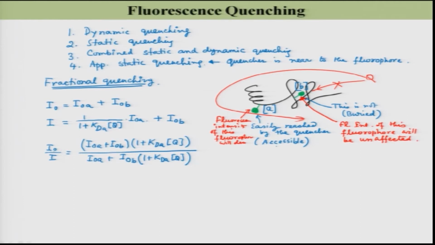I intend to plot I 0 by I versus Q. Obviously, this is a complicated thing, and if you plot this I 0 by I versus Q, the curve will look something like this.